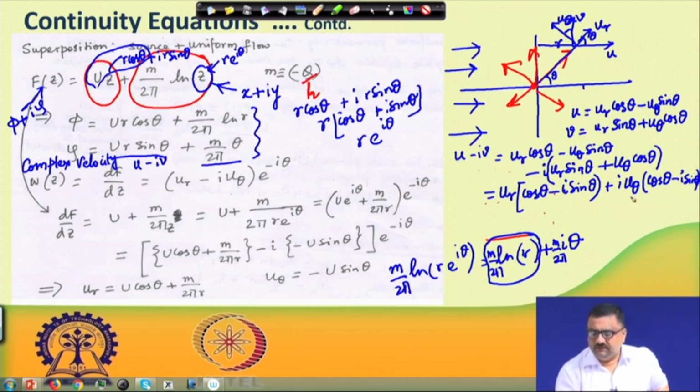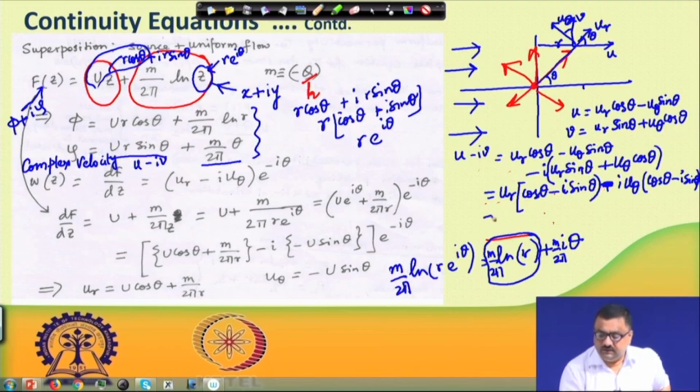So, what do we have here? Then I plus I u theta cos theta, but we have here minus I u theta cos theta. So, then this should be a minus sign. So, minus I u theta cos theta, and minus minus is plus, and again I square is minus, so this becomes minus u theta sin theta. So, it makes perfect sense. This is a minus sign, and this is a minus sign.